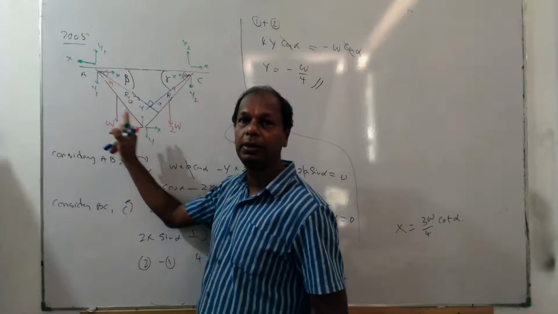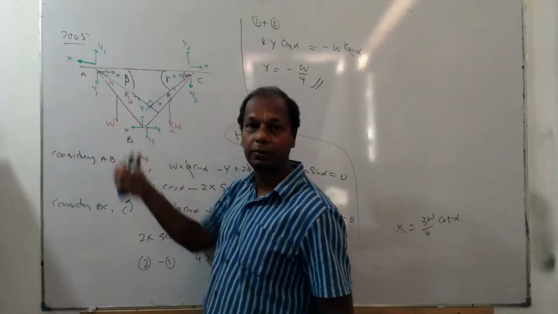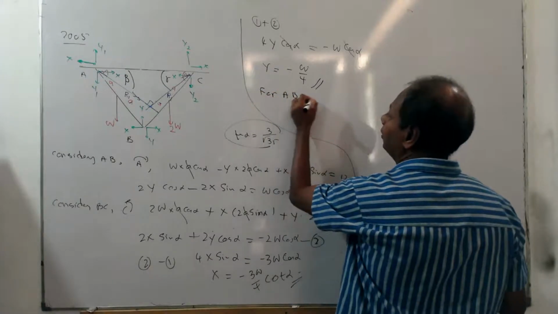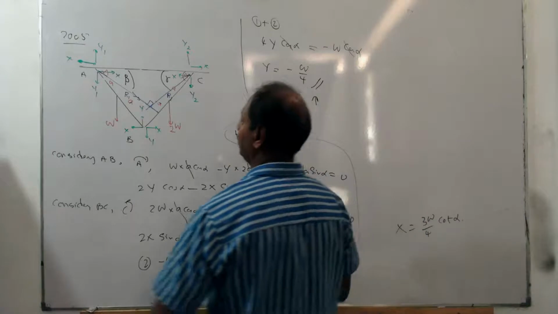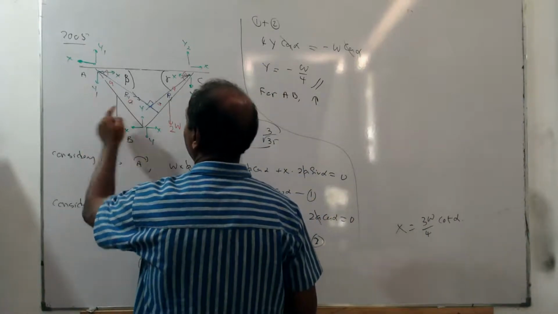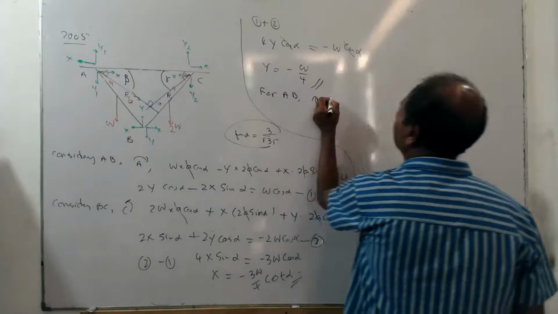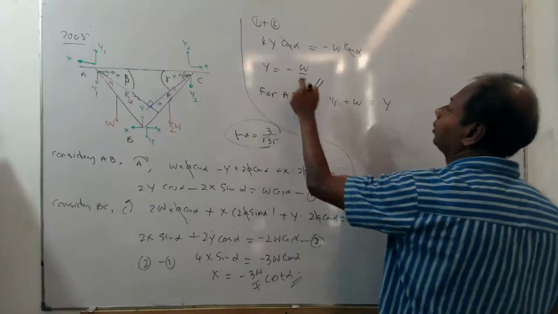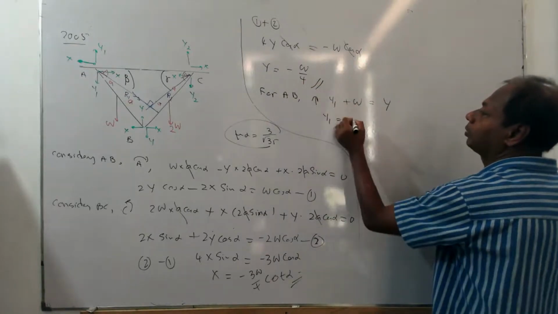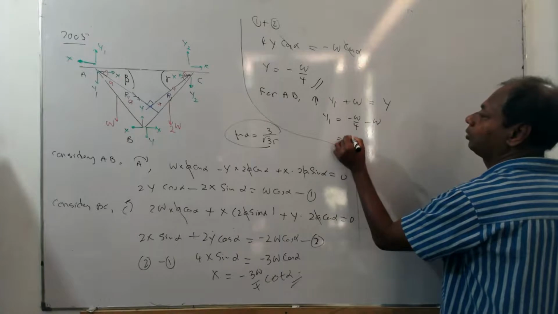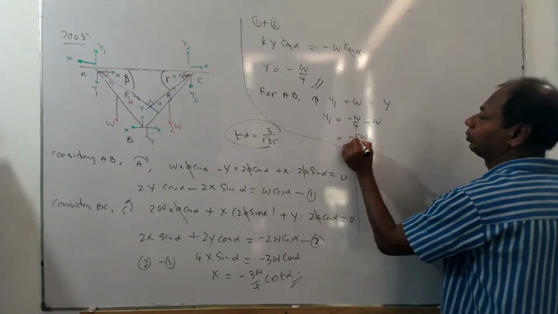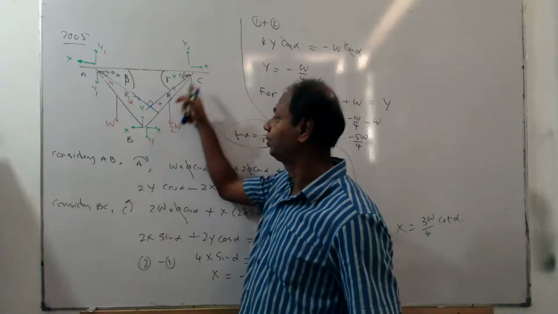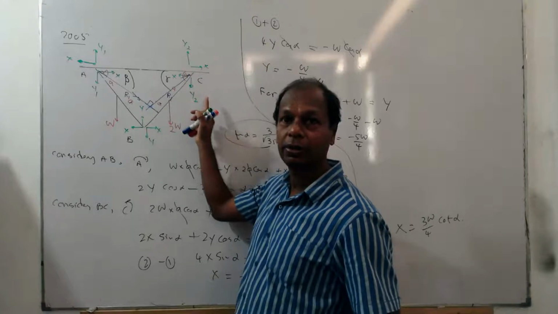Then consider AB. Resolve vertically. You will get y1. For AB resolving vertically, you get y1 plus w equals y. So y1 equals y minus w, that is minus w over 4 minus w, that is minus 5w over 4. Similarly, you can find y2. Consider BC, resolve vertically, you can find y2.